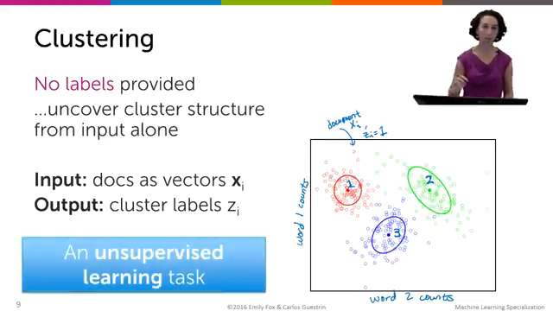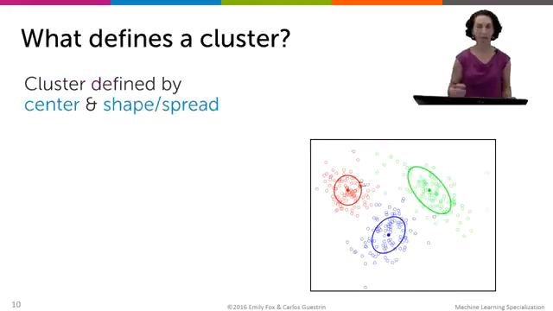Okay, well, this is an example of an unsupervised learning task because all we're presenting our algorithm with are the inputs, and the algorithm is supposed to output a set of labels as the output. Well, how can we think about learning such labels? Well, a key component of that question is thinking about what defines a cluster.